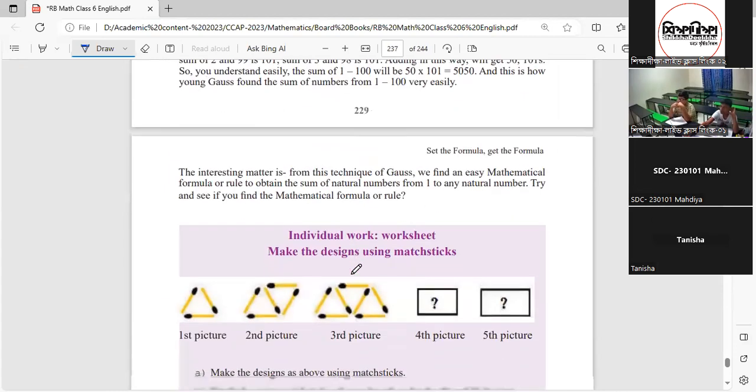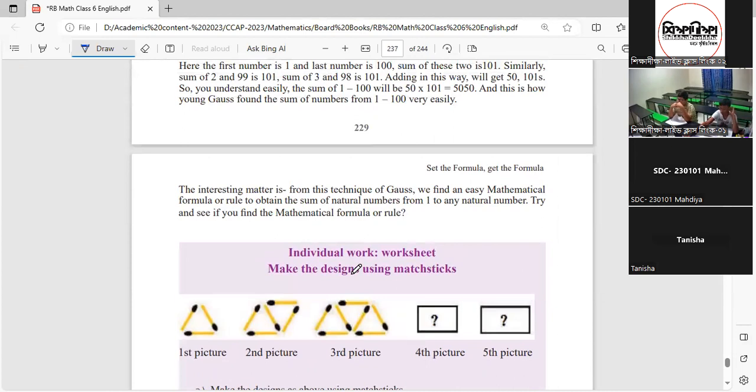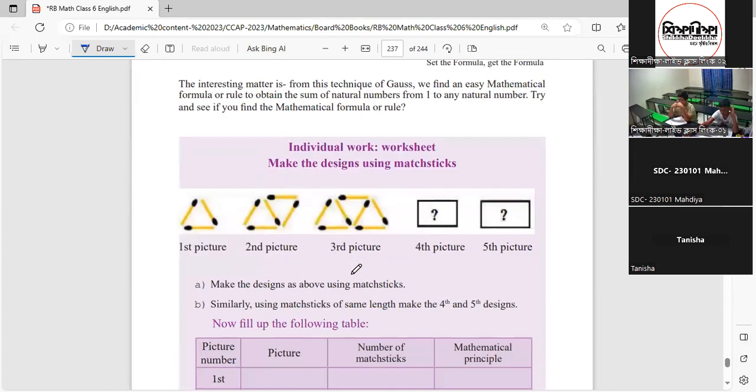Now suppose this is the design. How many sticks are there? 3, right? How many here? 5. Then 7, then 9, then 11.